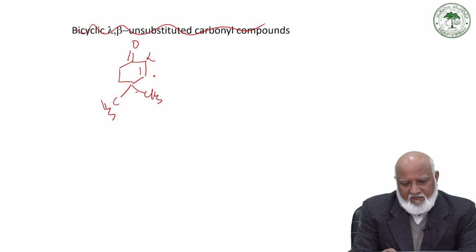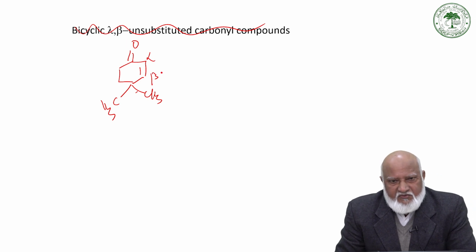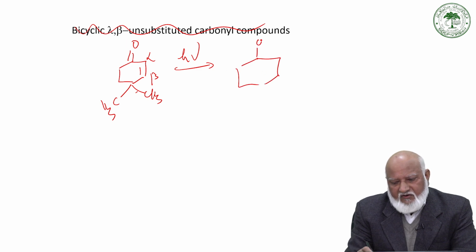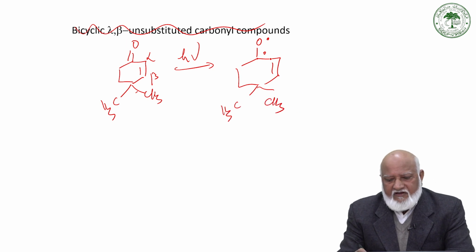alpha beta unsubstituted 4,4 disubstituted cyclohexenone. Under photolytic condition, excitation of the carbonyl gives a 1,2 diradical, and then a 1,4 diradical. This radical is adjacent to a double bond, delocalizes, and is transformed to another 1,4 diradical.